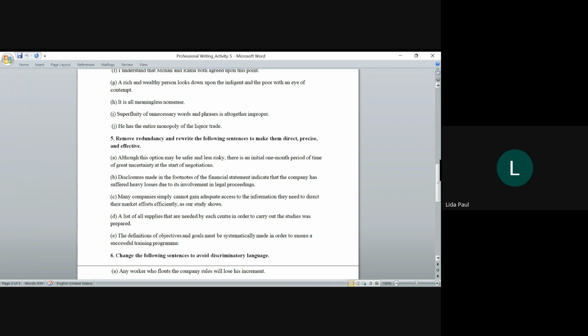So initial 1 month period of time of great uncertainty at the start of negotiation. Okay. So what will you remove? Do you remove initial or do you remove start? What do you want to remove? I think start. Then how will you write the sentence if you're removing start? Ma'am, initial. Yeah.